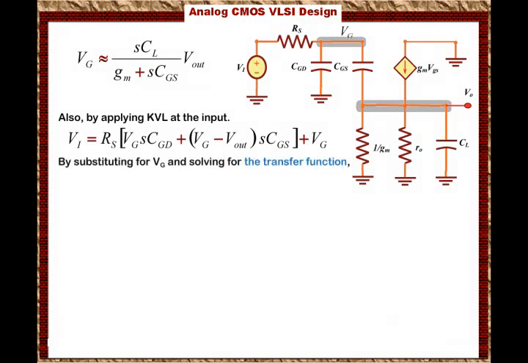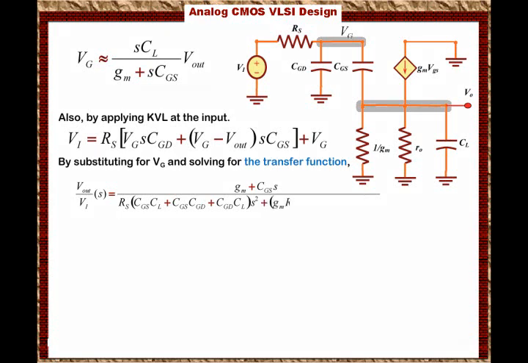By substituting for VG and solving for the transfer function or the gain, we have Vout over VI of S equals GM plus CGS times S, divided by RS times CGS times CL plus CGS times CGD plus CGD times CL, times S squared, plus GM times RS times CGD plus CL plus CGS times S, plus GM.